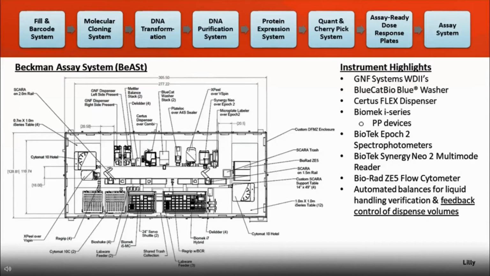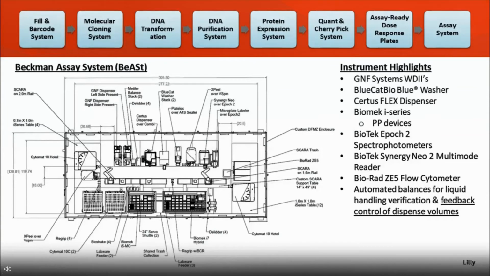We have a suite of liquid handlers, including the WD2s, and we have a Certus over a Combi, as well as two BlueCat BlueWashers. And then we have, again, the usual suspects: PlateLocs, A4S sealers, XPeels on here. We have a couple BioTek spectrophotometer readers, a multi-mode reader from BioTek as well, the Synergy Neo2, as well as a high throughput flow cytometer, the Z5 from Bio-Rad.